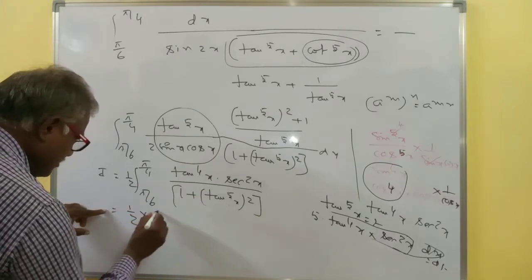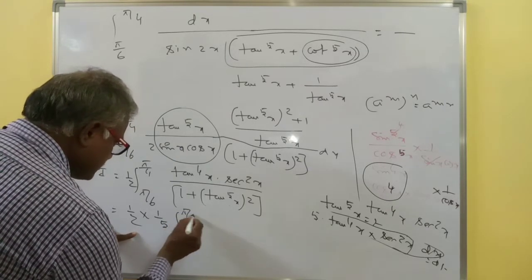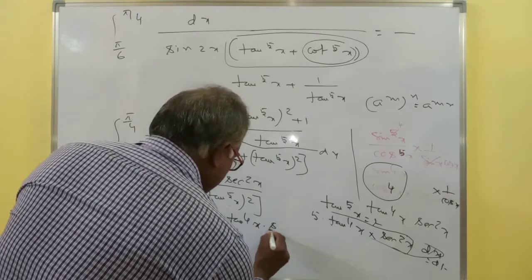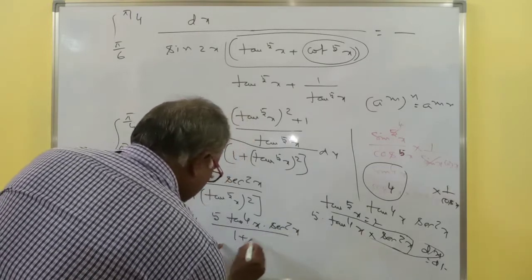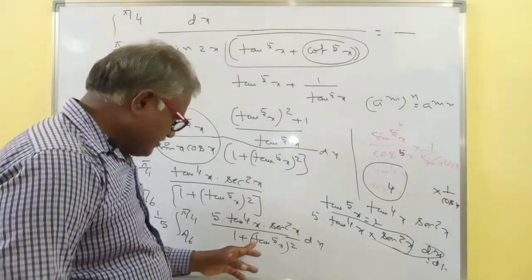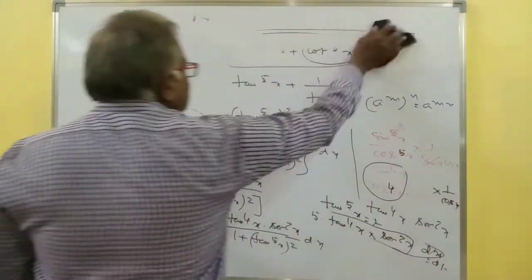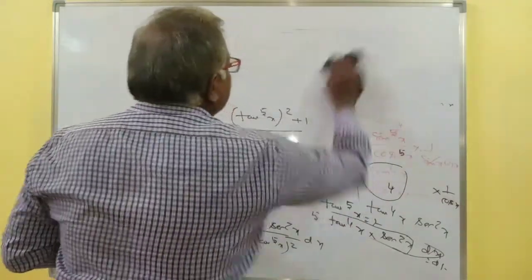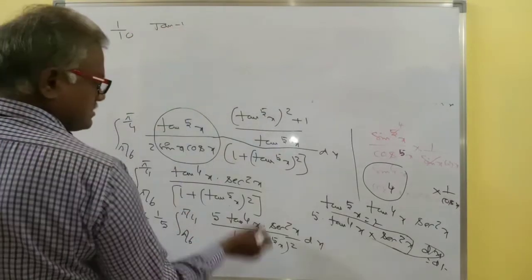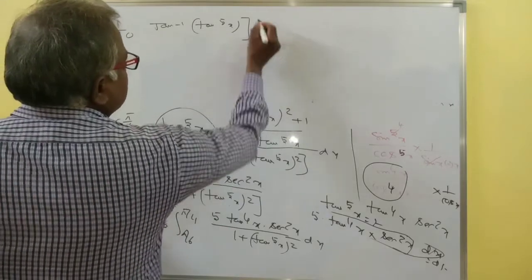So totally this value is 1 by 5 into the integral from pi by 6 to pi by 4 of 5 tan^4 x secant square x by 1 plus (tan^5 x) whole squared dx. Clearly, 1 by 1 plus x square gives tan inverse x, where x means tan^5 x. So 1 by 10 into tan inverse of tan^5 x, from pi by 6 to pi by 4.